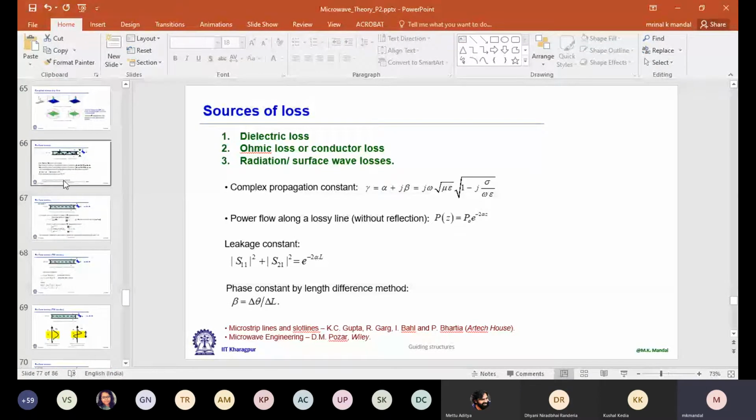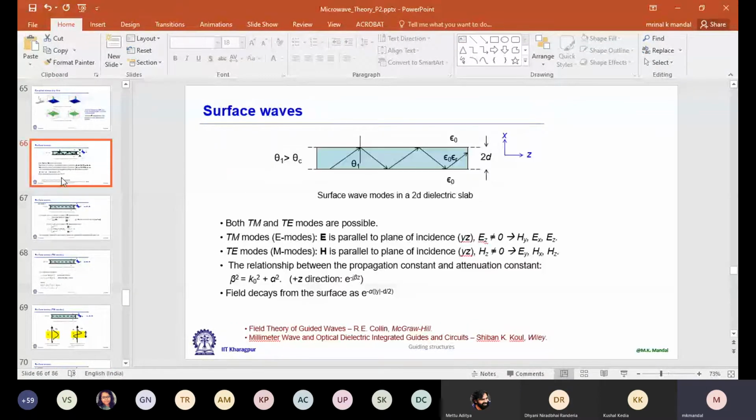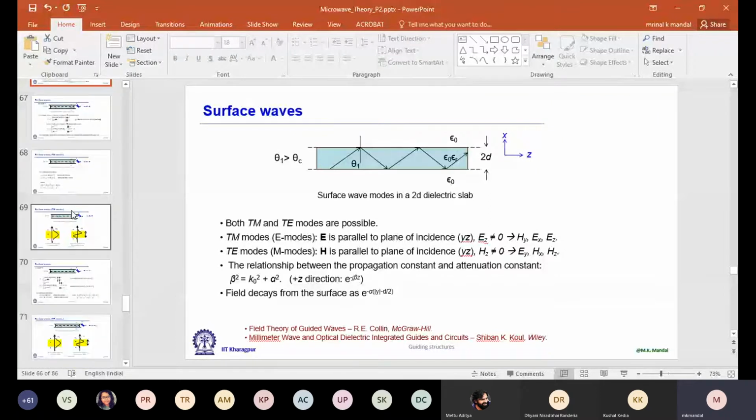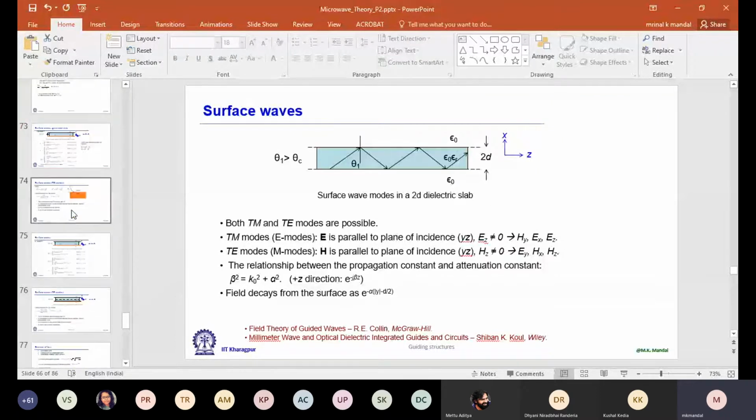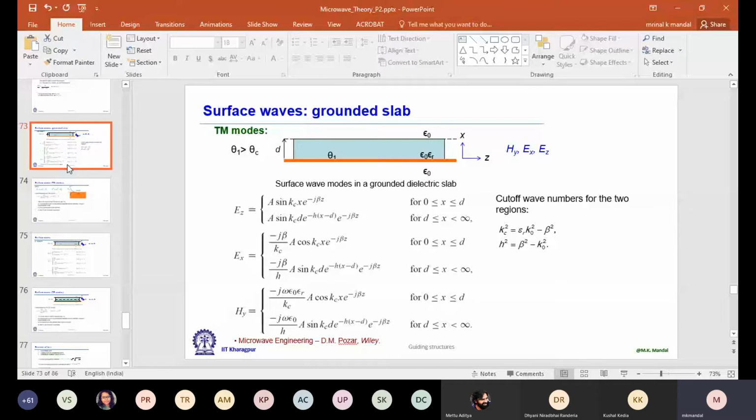So last day we started with surface wave and we discussed excitation of surface wave and how it travels through a dielectric slab. And in the second phase, a dielectric slab when it is grounded, so one side is supported by metal.